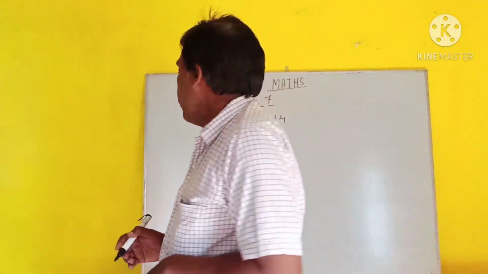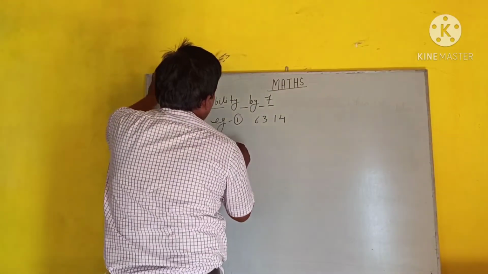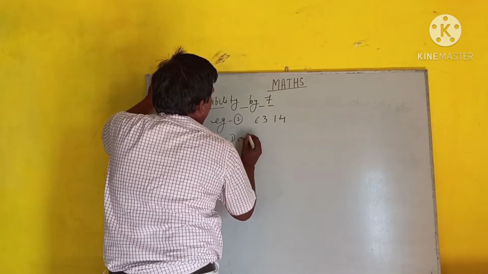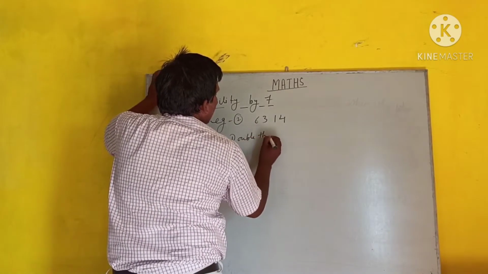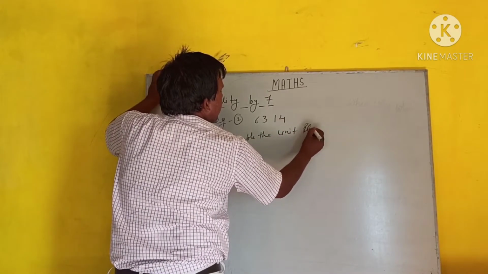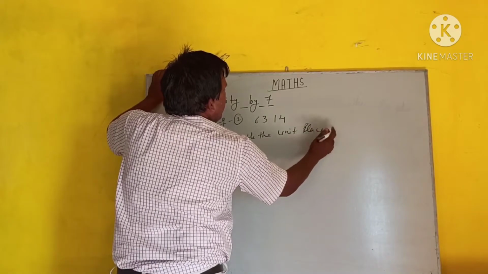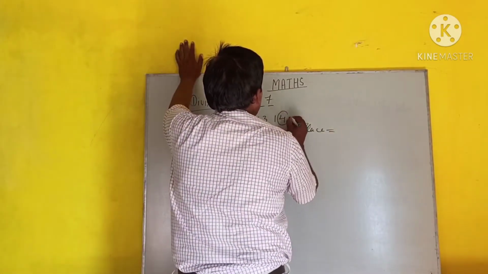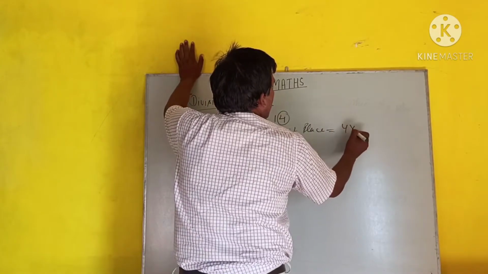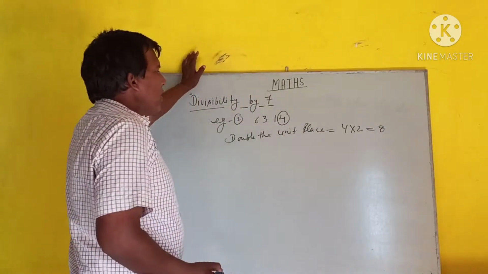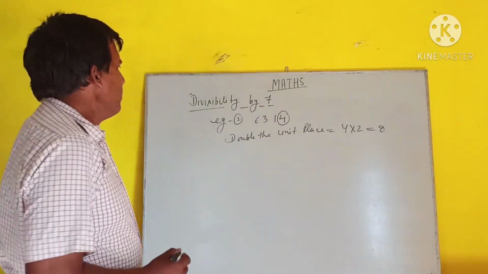Here you write double the unit place. Unit place is 4. Double it. 4 multiply by 2. 4 2 ja 8.